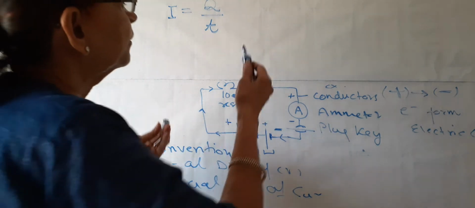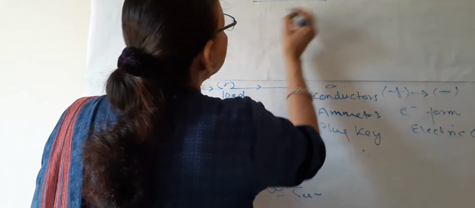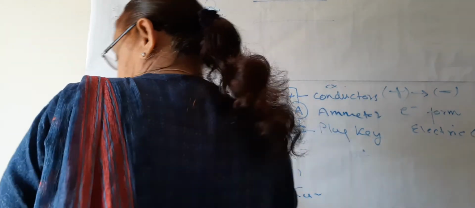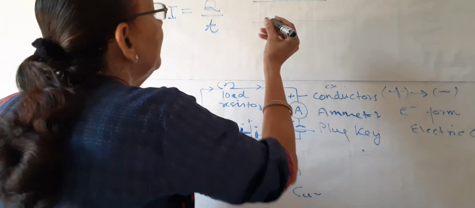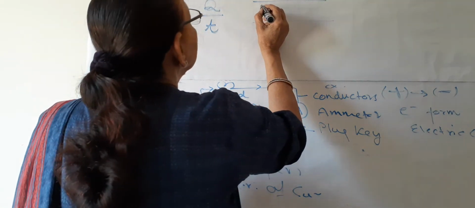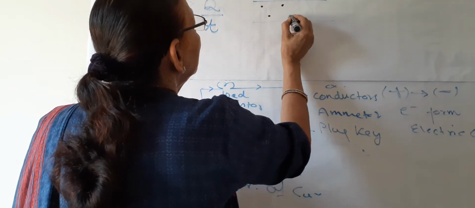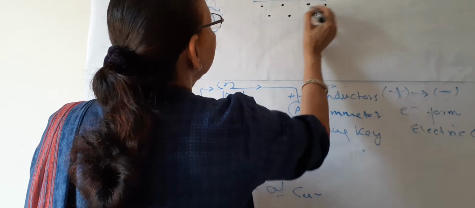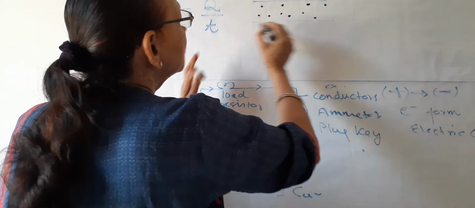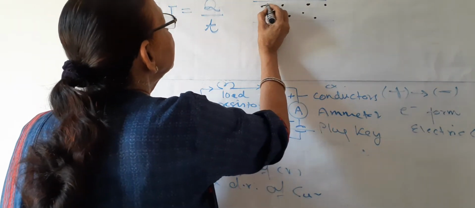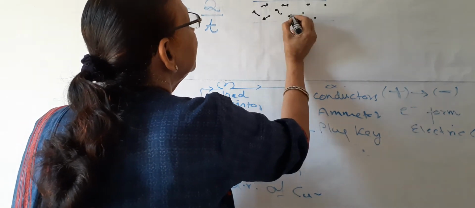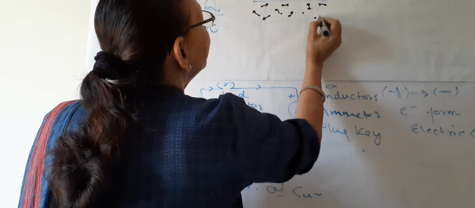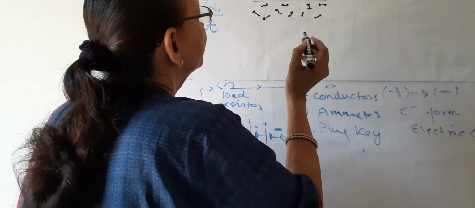So when electrons are passed, this is a conductor, and in the conductor these electrons are present. How is the current flowing? Suppose this is a copper conductor and these electrons are free to move, and they are moving in different directions.